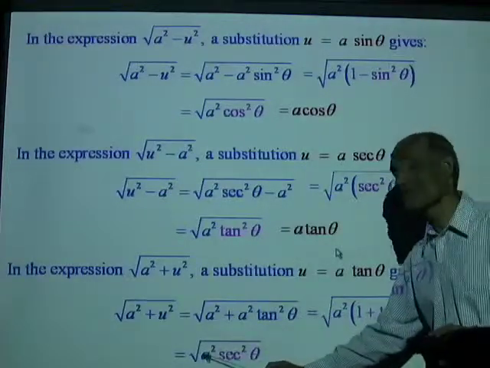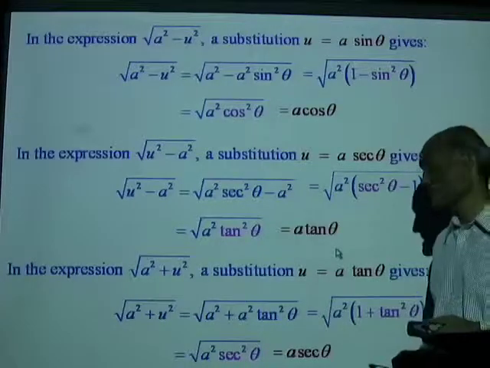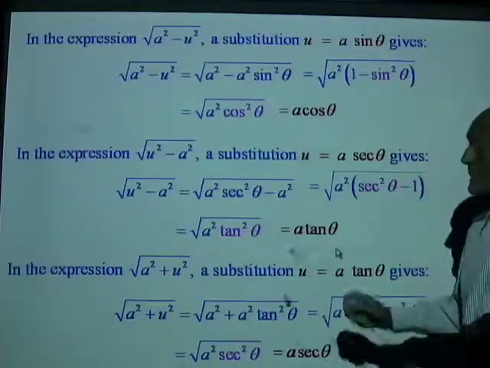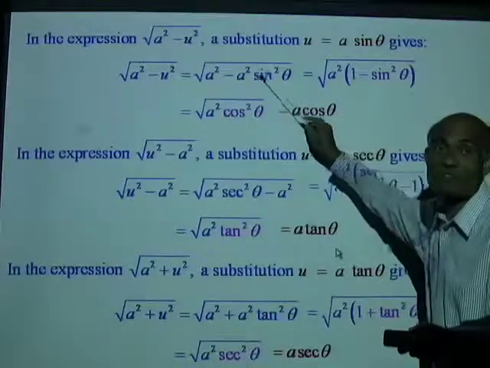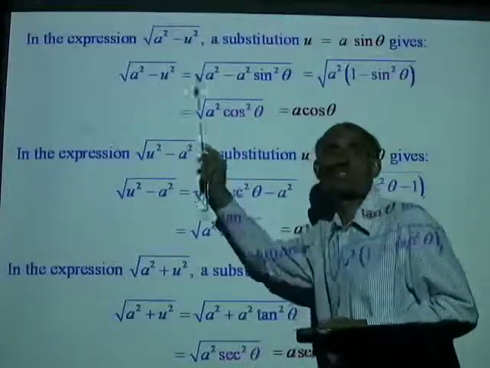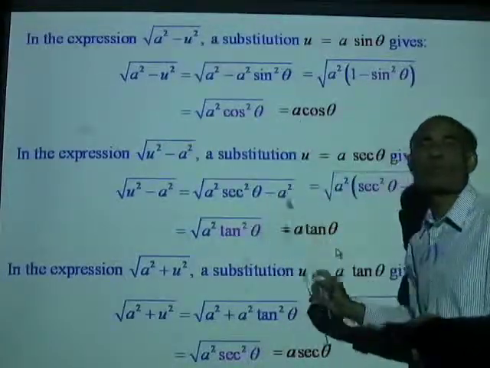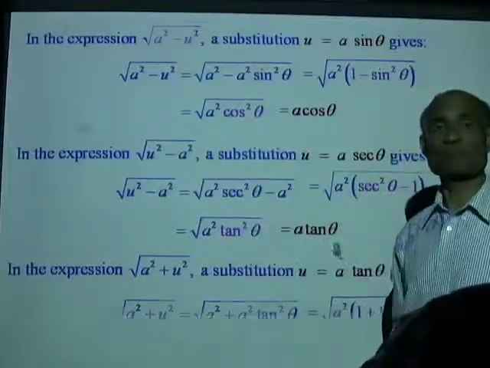So that will be square root of a squared secant squared theta, and that is a secant theta. By doing this appropriate trigonometric substitution, we made this complicated quantity into manageable terms that can be integrated.